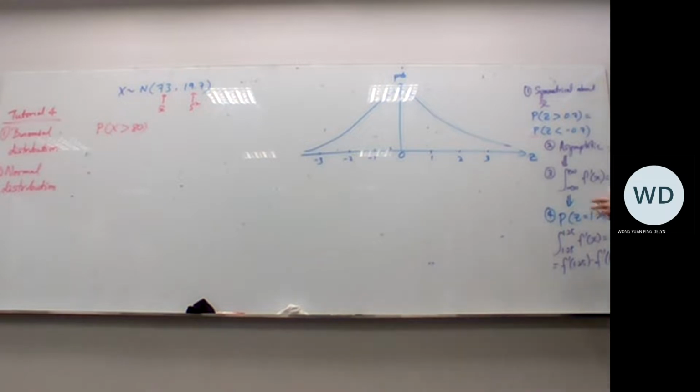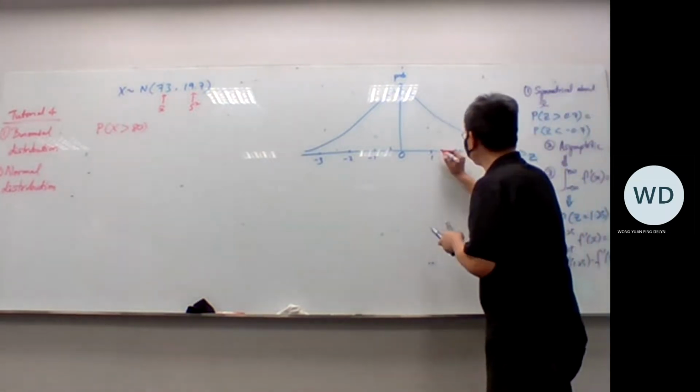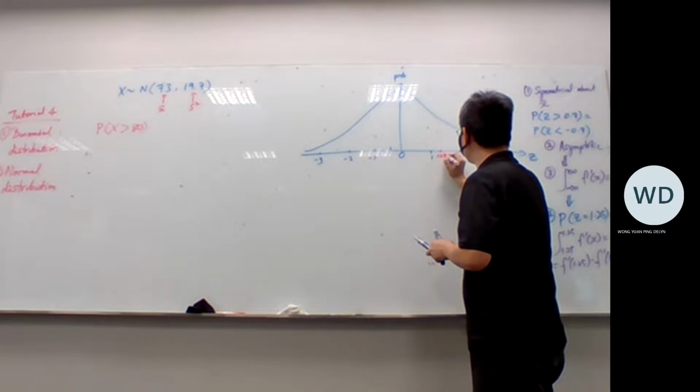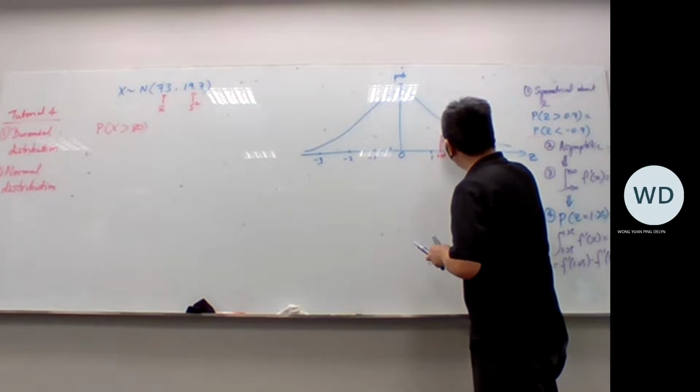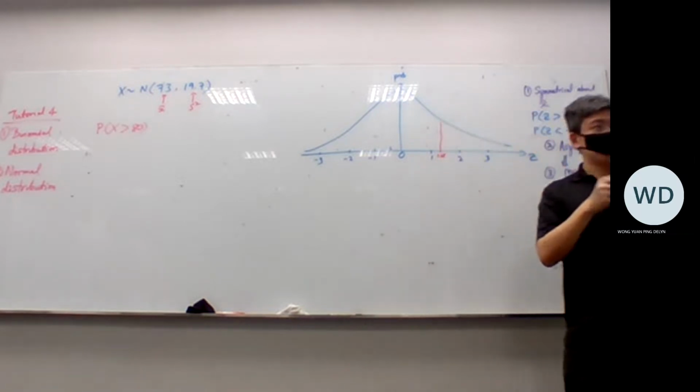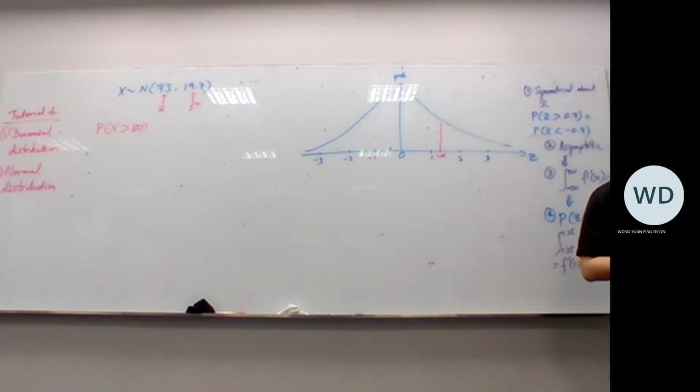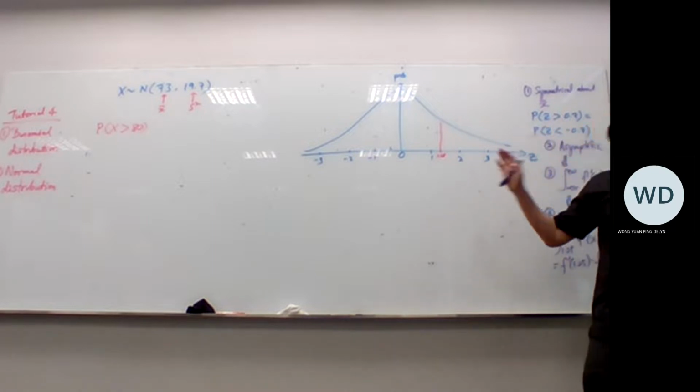It is as good as saying 1.25 is here. What is the area of this line? The area of this line is 0. So what is the definition of a line?